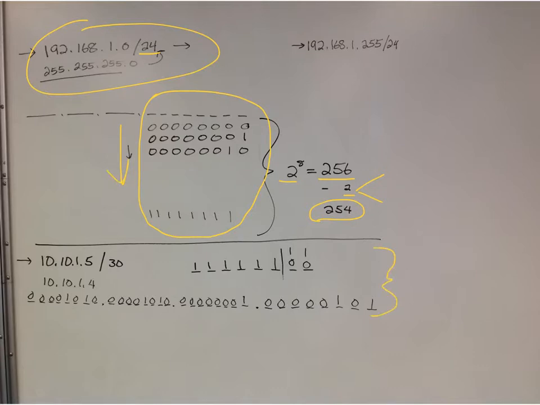Then we had a /30, from a Packet Tracer exercise we had looked at, which means all of these bits in the last octet must be ones, and so they have a combination of, this would be the broadcast, this would be the network. So from here you could have a 0-1 or a 1-0.